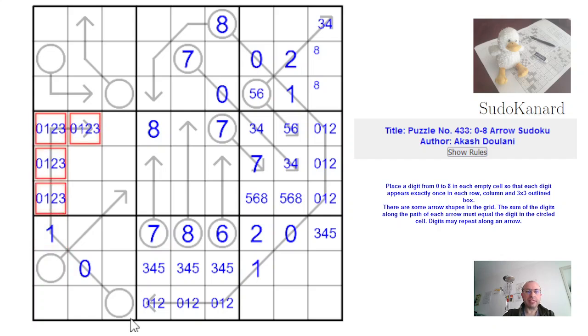So the maximum value is 7, so this is from 7, 8. So this can be 0, 1, 2, 3 or 0, 1, 2, 4. And actually 1 is not here, 1 is there. So this has to include 0 and 2 and a 3 or a 4.